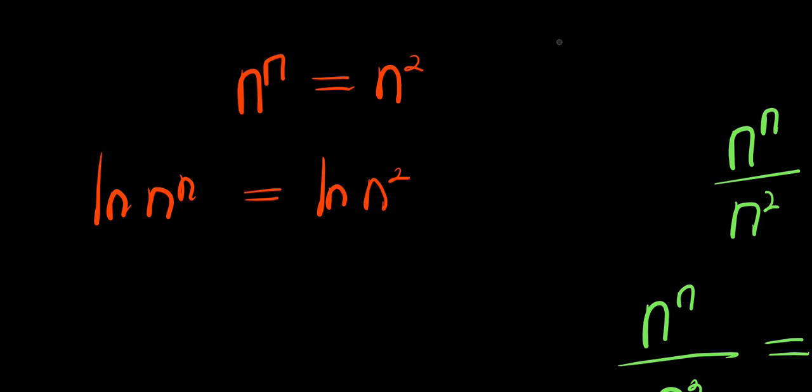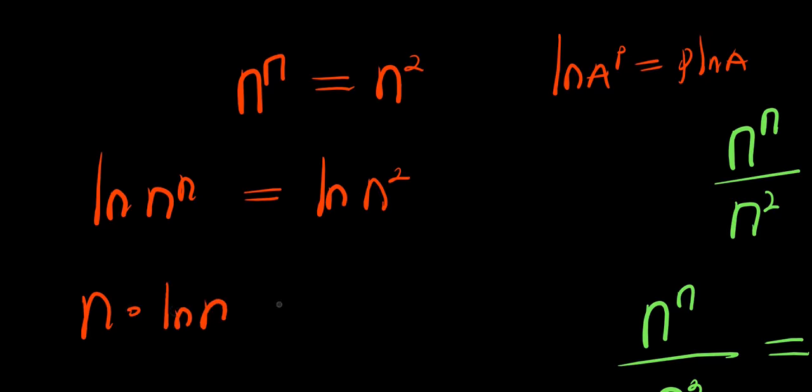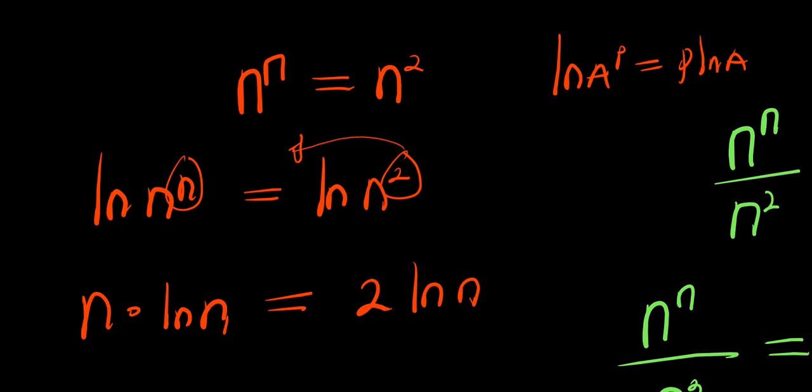And remember, natural log a^b equals b times natural log a. So natural log n^n will be n times natural log n, equals 2 times natural log n, because the 2 will come in front, just like this one, using this identity.